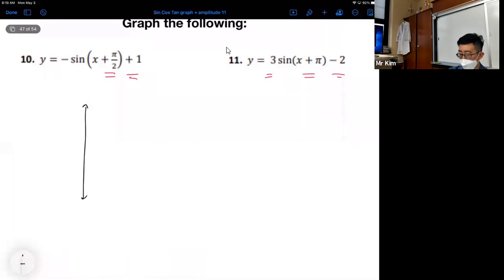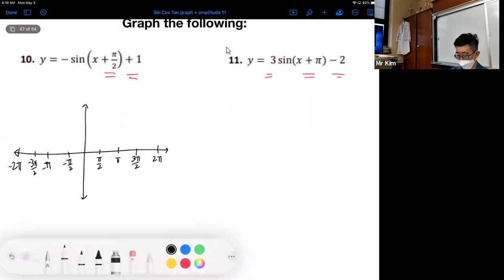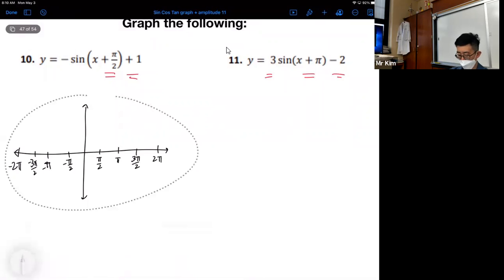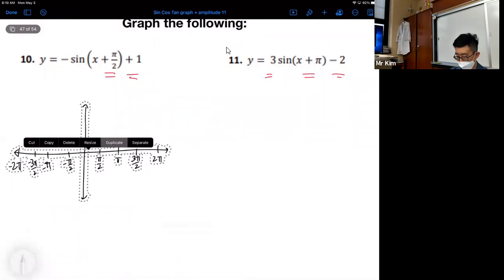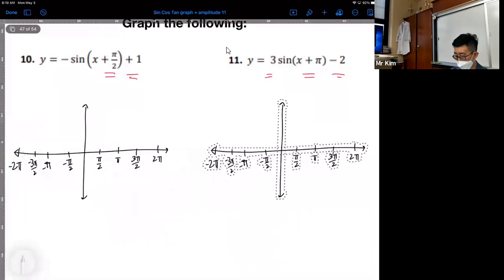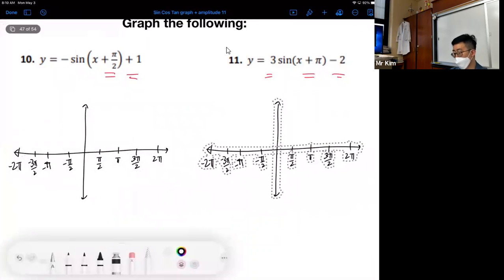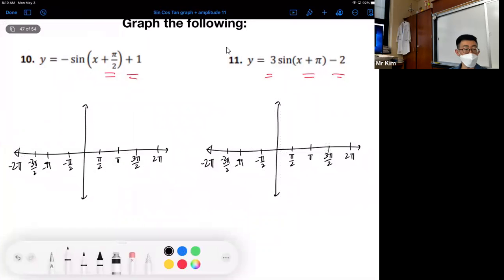Again, first, please label everything here. And for those of you that can sketch these pretty quickly, check your answers with the graphing calculator once you're done.